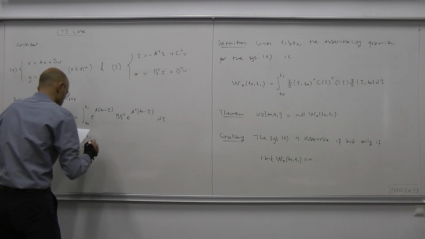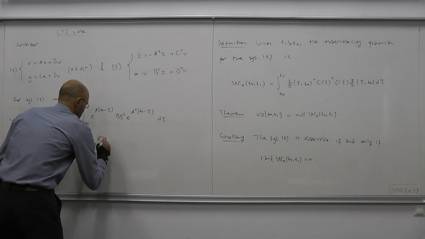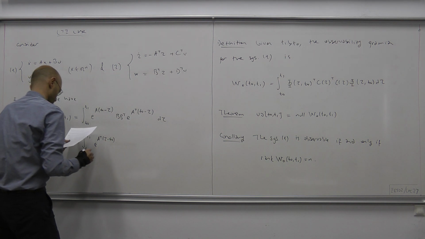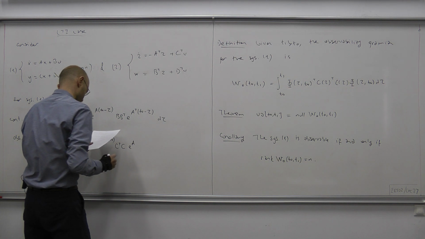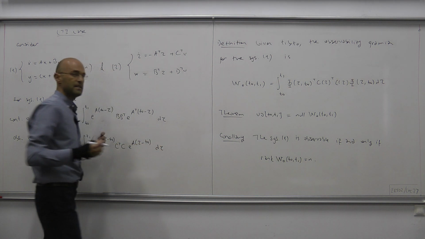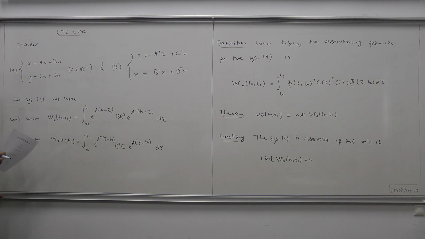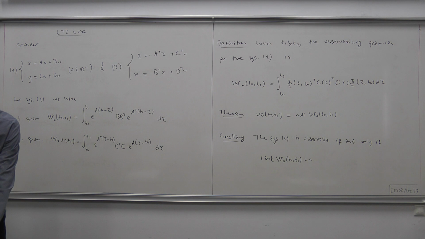Okay, which is the integral of e to the A transpose tau minus T0 C transpose C e to the A tau minus T0 d tau. Okay, so nothing out of ordinary.